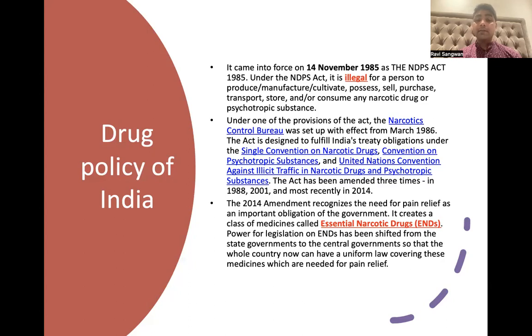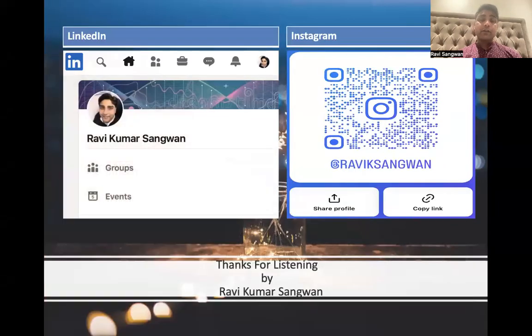There were three amendments, in 1998, 2001, and 2014, the most recent, which created a class of medicine called essential narcotic drugs. It is for pain relief, because people need pain relief and, because of the previous act, were not getting it.